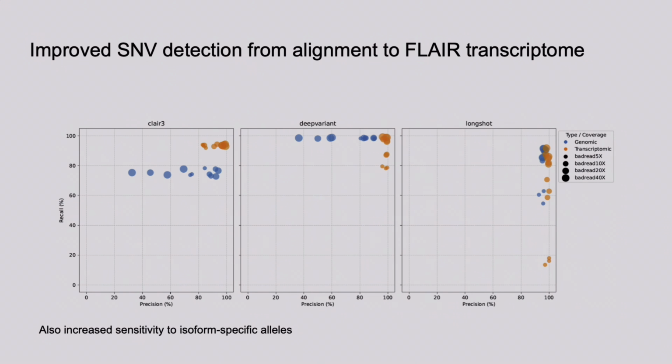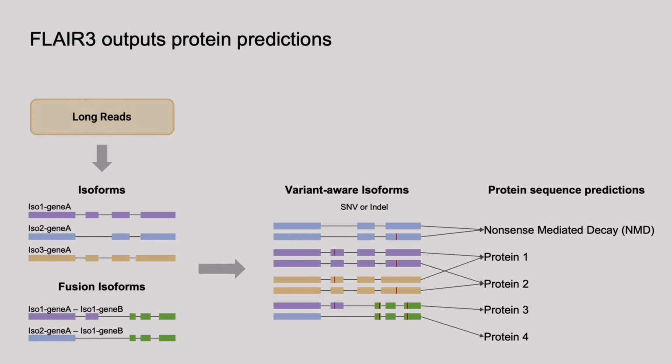And just really quickly, for variant identification, we do this with transcriptomic alignment, which tends to, across multiple different variant callers, improve precision. And by matching these variants to these isoforms, we can do really accurate functional prediction of the proteins that are being produced by this transcriptome.